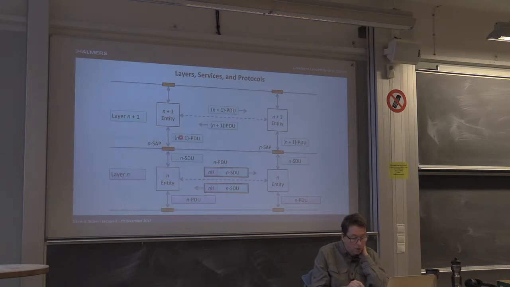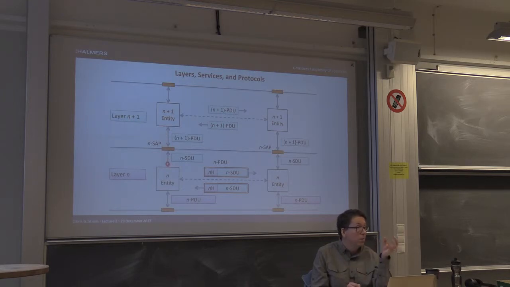So the service data unit from the perspective of layer n comes from above. So this is the payload that should be transmitted. What is not explicit in this picture here is that this entity here needs to tell this entity where this data should go to. So there is some address information and some other stuff going in parallel with this.